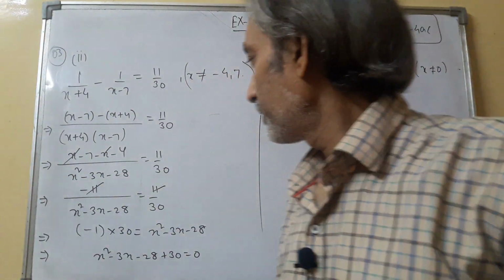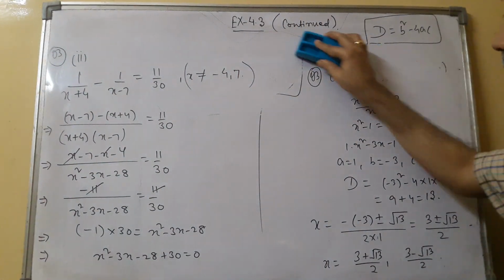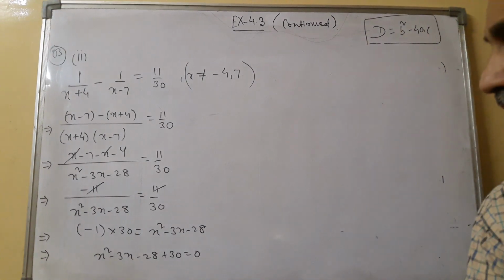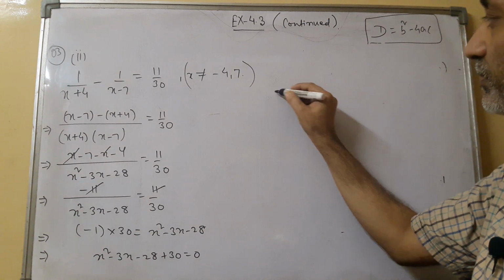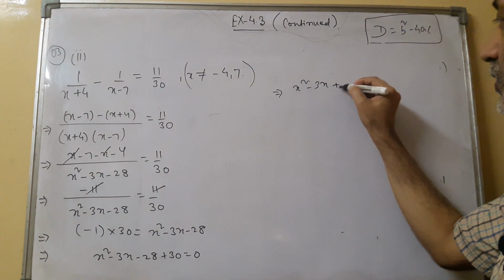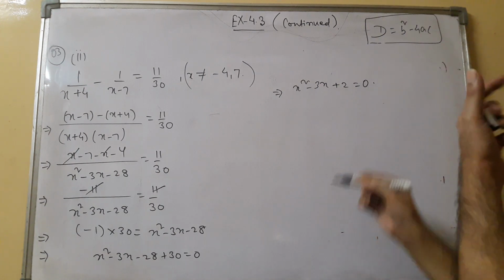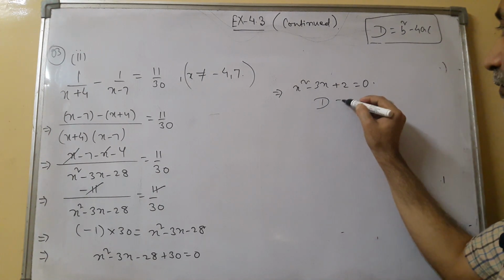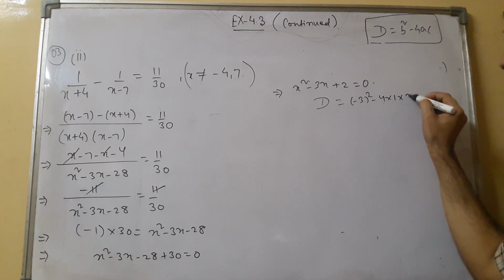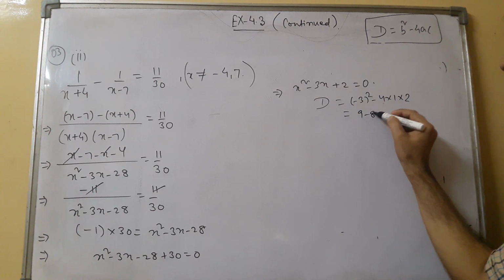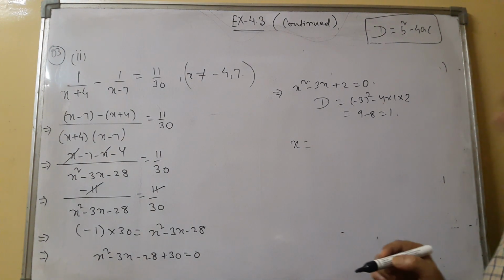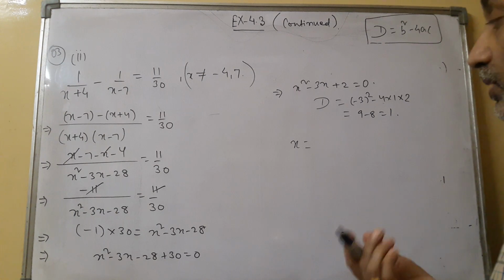So finally we are getting x square minus 3x plus 2 equal to 0. Now it is in the proper quadratic form. Get the value of d. D equals to 1. Use the quadratic formula, which is also known as Sridhar-Charya method.